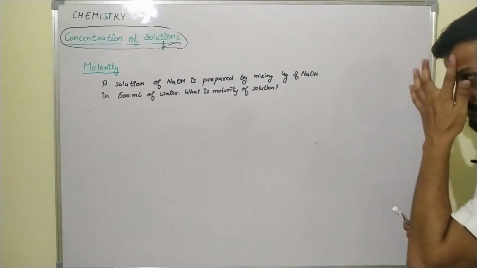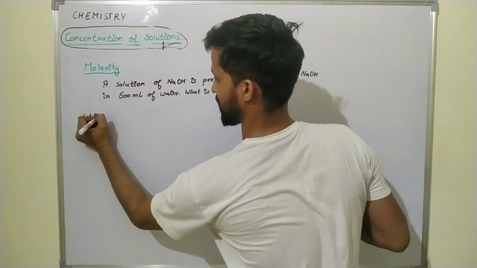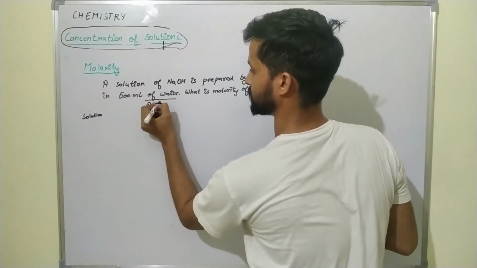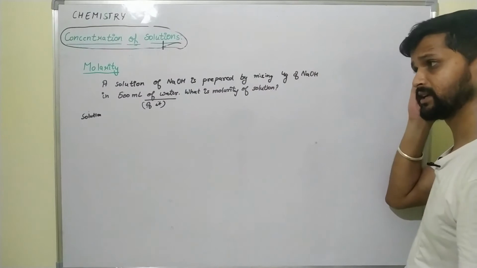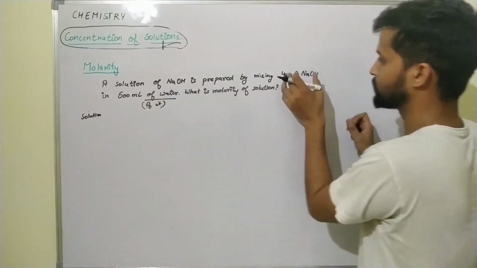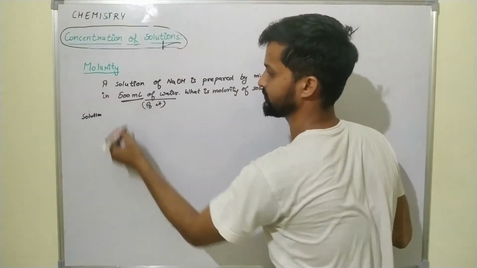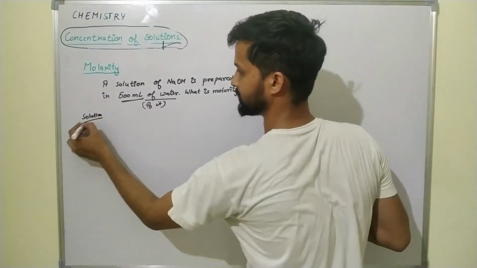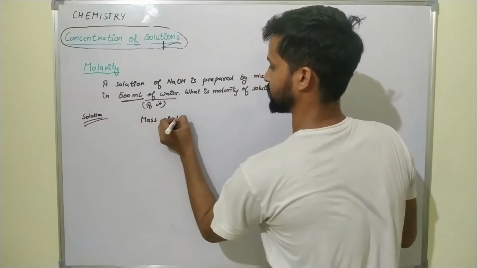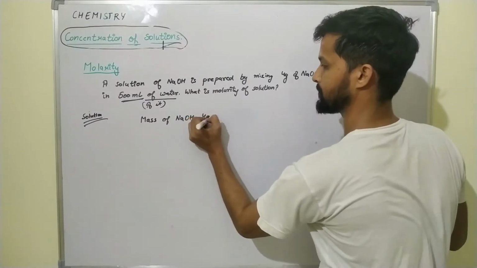So here they have given the solution, and they can also write 500 ml of it. Both meanings are the same. So here solution means 500 ml of it, meaning the total volume of the solution that will be formed should be 500. Clear? So here in the solution they give you the mass of sodium hydroxide, which is equal to 4 gram.